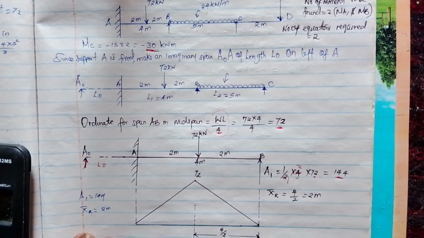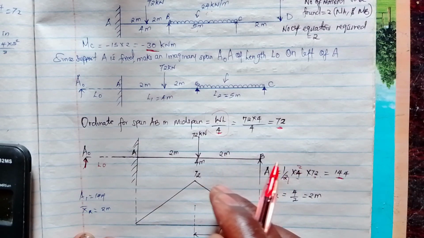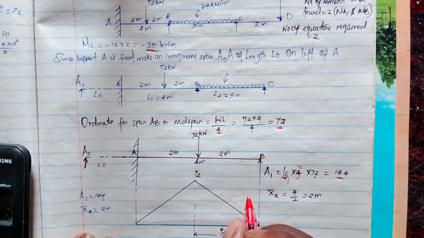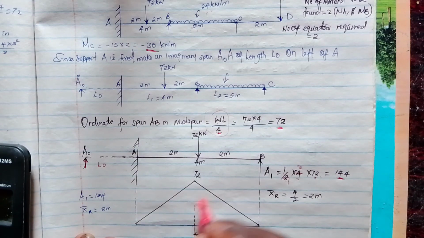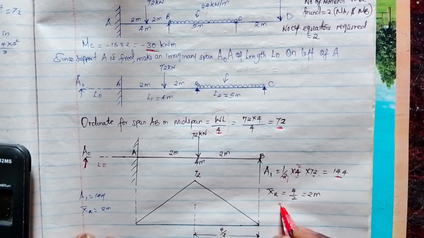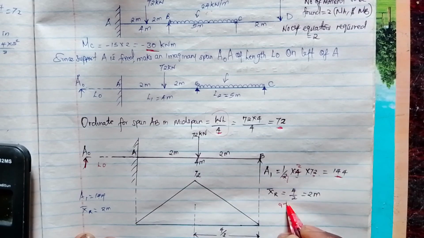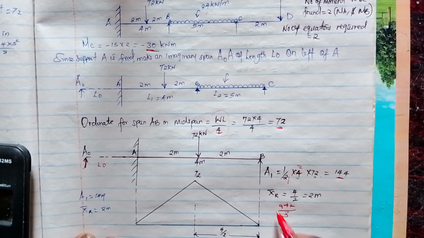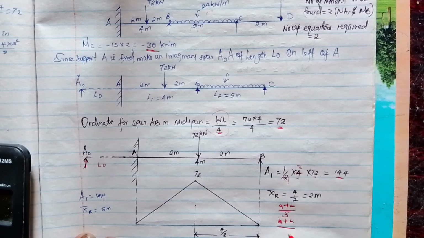Then after that, we are going to get the center of gravity, or x bar. How do we get x bar? By taking a plus L over 3, or b plus L over 3.